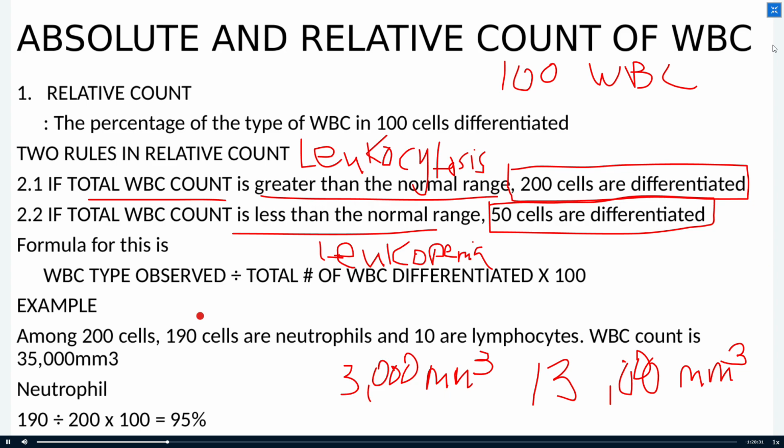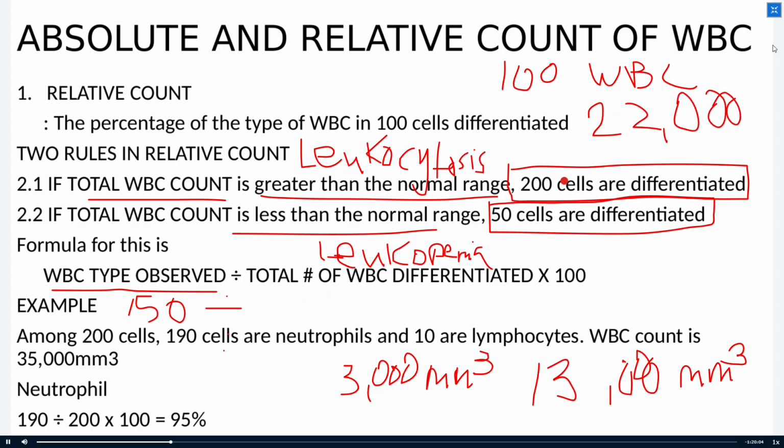Now, for that class, meron kayong gagamiting formula. So, yung WBC type observed nyo, let's say nakabilang kayo ng 150 na neutrophils, then divide that by the total number of WBC differentiated. Let's say, since may leukocytosis, let's say ang WBC count ng patient is 22,000.